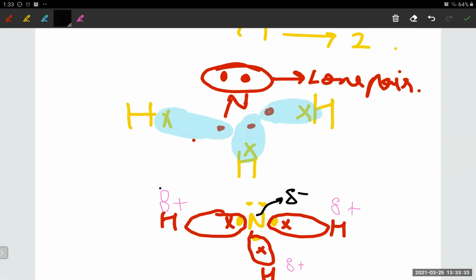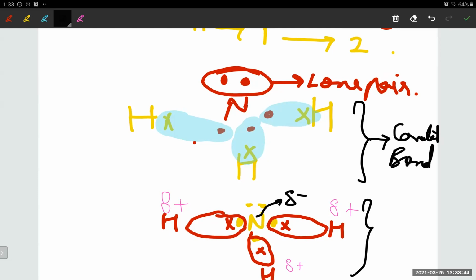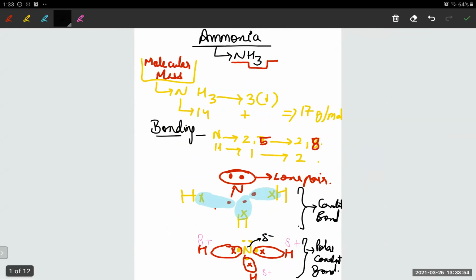So now tell me, will it remain covalent bond? This was covalent bond. But tell me, is this one also covalent bond? No, it's what? It's a polar covalent bond, isn't it? I hope that everybody is clear with this. Now let's move on to the next page.